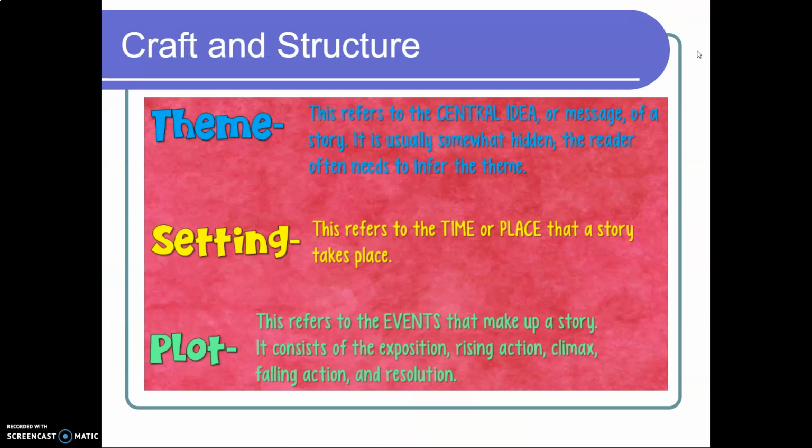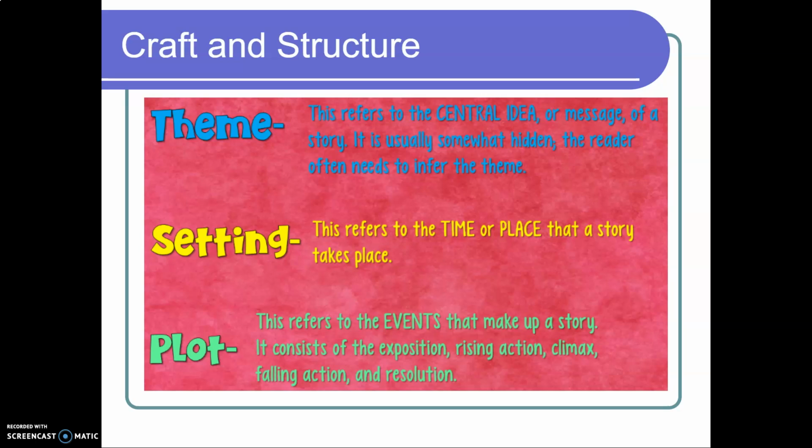So theme refers to the central idea or message of a story. It is usually somewhat hidden, so authors often do not come out and say, hey, this is the theme of the story. We have to infer as readers what the theme is by the character's actions and the words that are said.